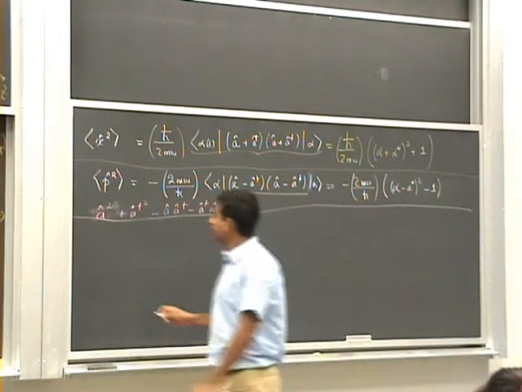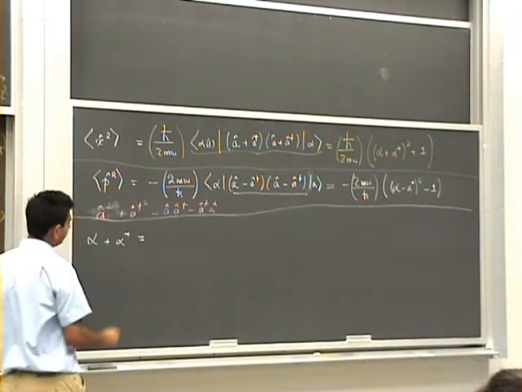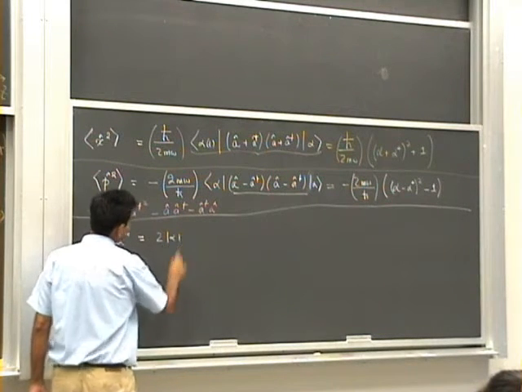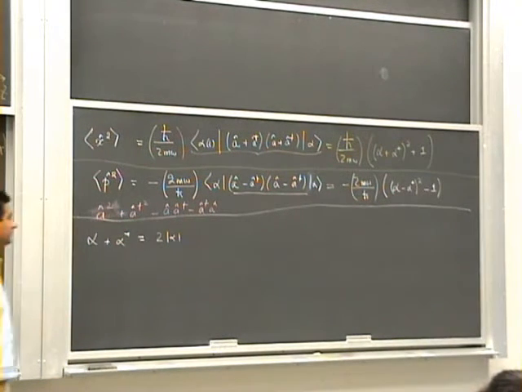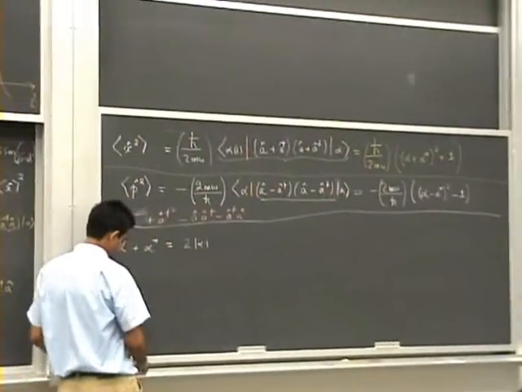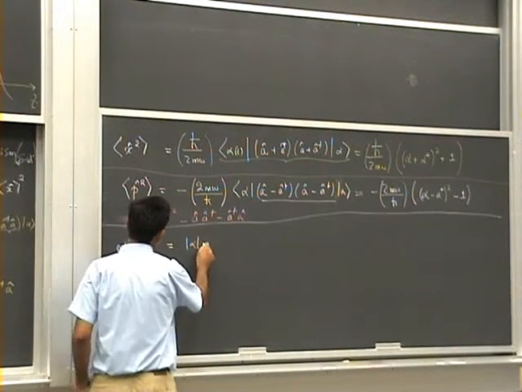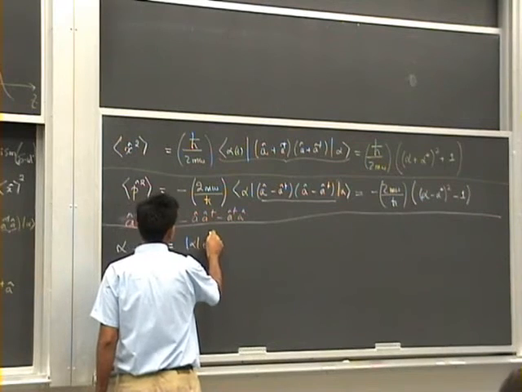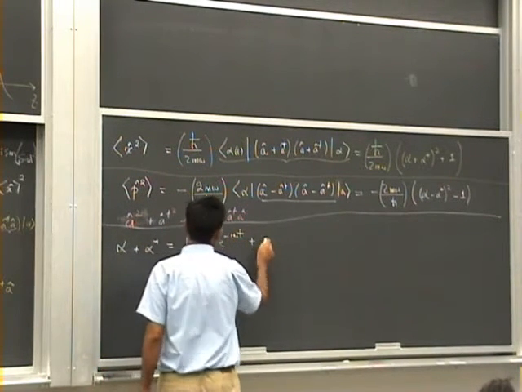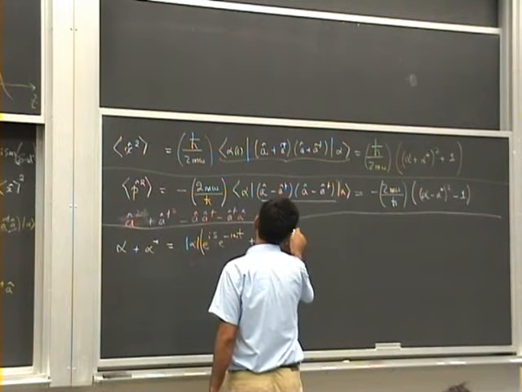Now what is this alpha plus alpha star equal to? Alpha plus alpha star is simply 2 times, work this out: alpha modulus e to the i delta e to the minus i omega t plus e to the minus i delta e to the plus i omega t.